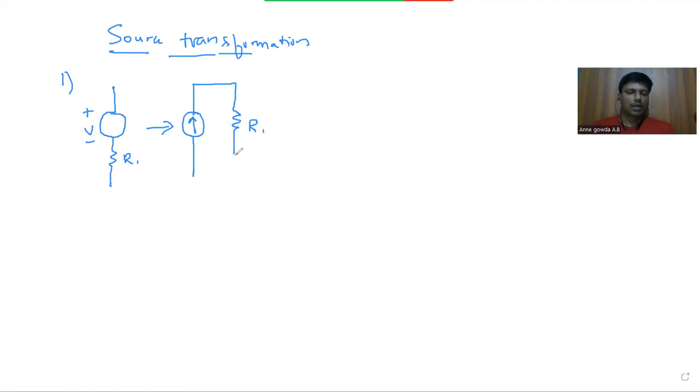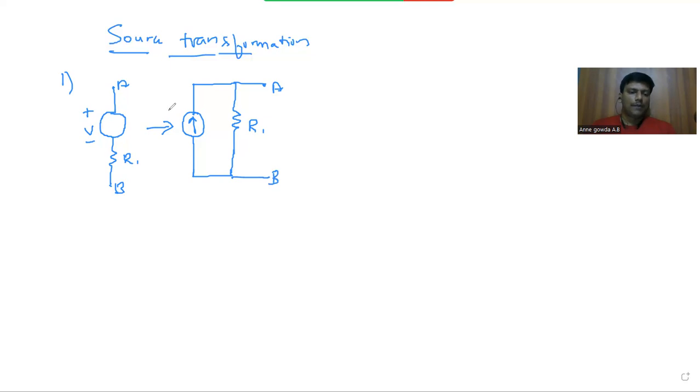I have considered it as R1 here. Across the terminals, whichever I considered, if I have considered terminals A and B here, I'll consider the same terminals A and B.